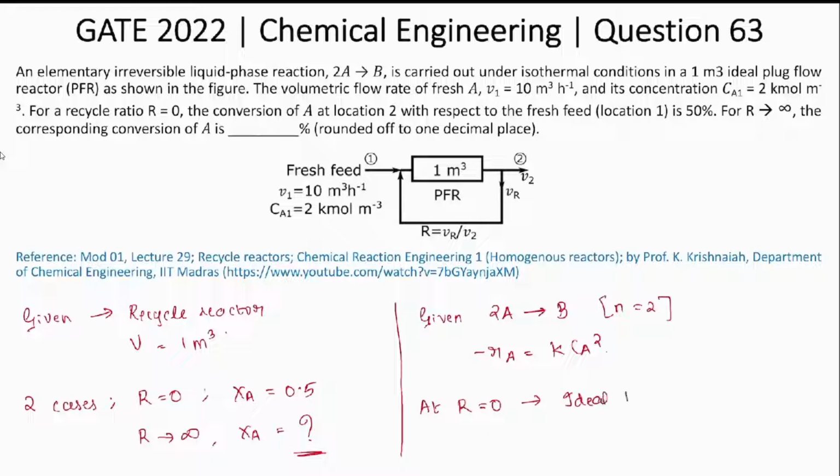As I said, at R equal to 0 this reactor will behave like an ideal PFR, and when R is infinity, it will behave like an ideal CSTR.